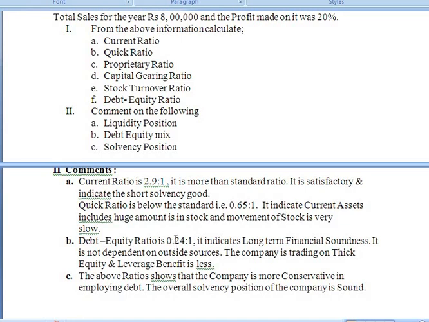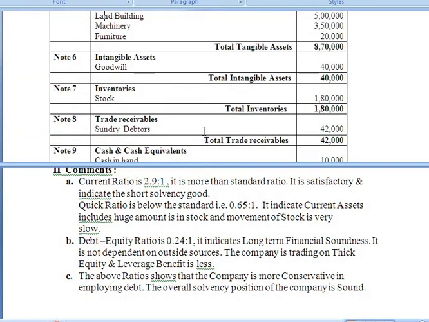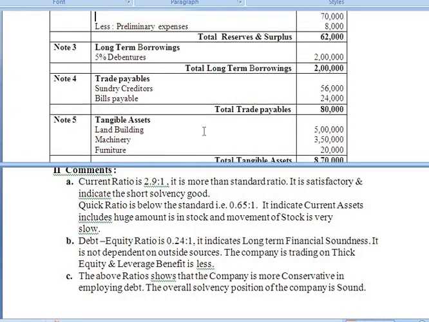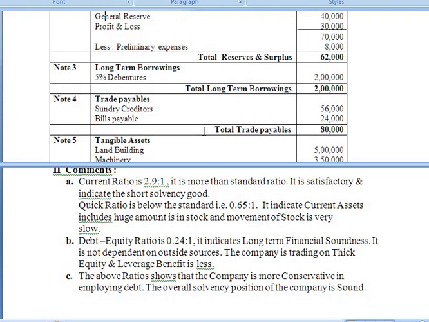And the last one is solvency position. The above ratios show that the company is more conservative in employing debt, because more capital is being issued through equity and preference capital, the company has not taken any long term borrowings, and there is a small amount of debentures. So we can write that the company is more conservative in employing debt, and therefore the overall solvency position of the company is sound.